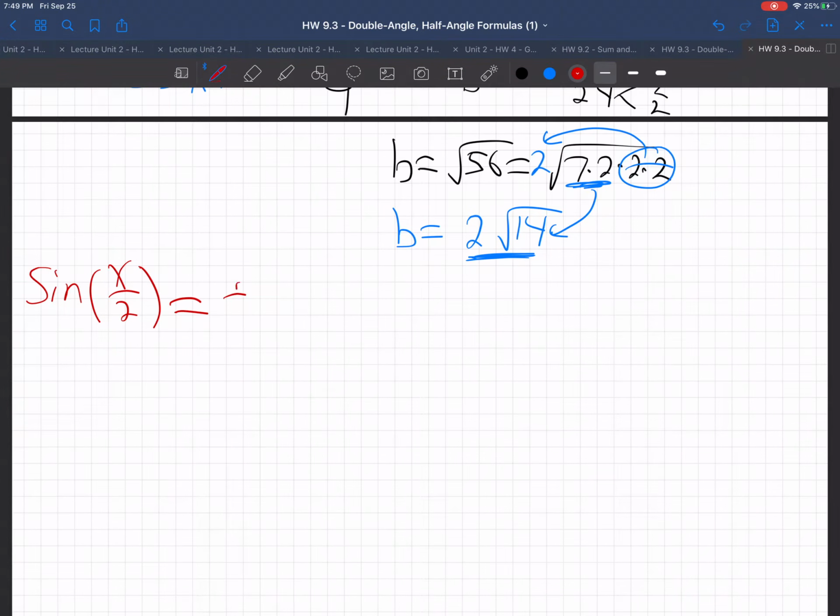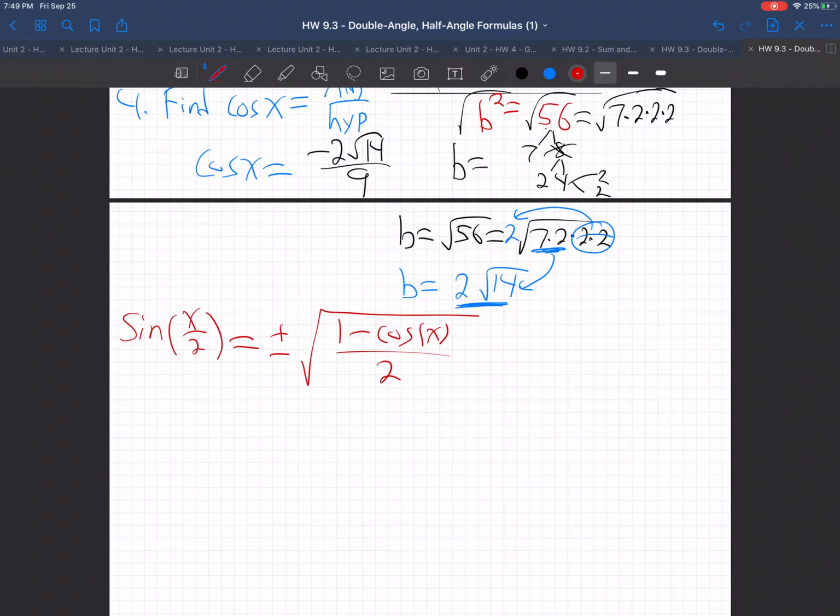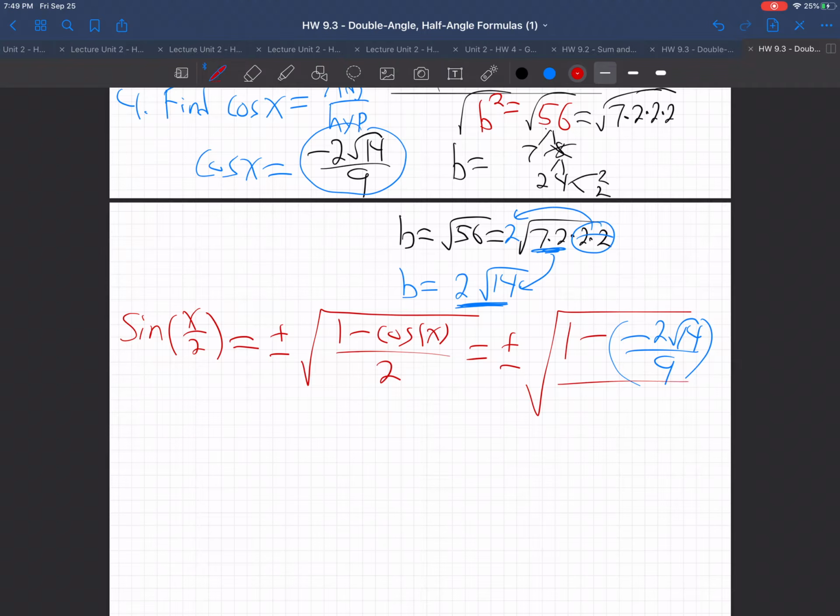So it's plus or minus square root 1 minus cosine x all over 2, like that. So that is plus or minus square root 1 minus. Now we got the cosine of x right there. It's negative 2 root 14 over 9 all over 2.